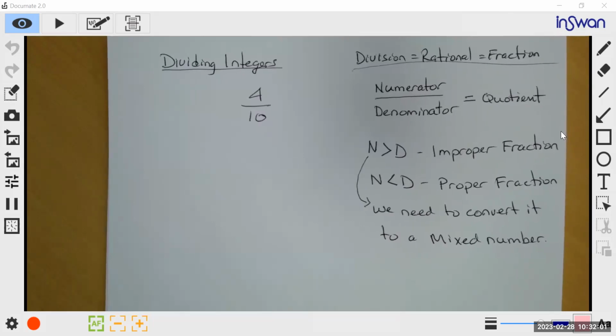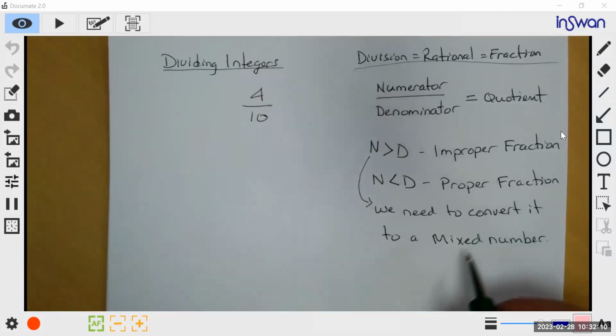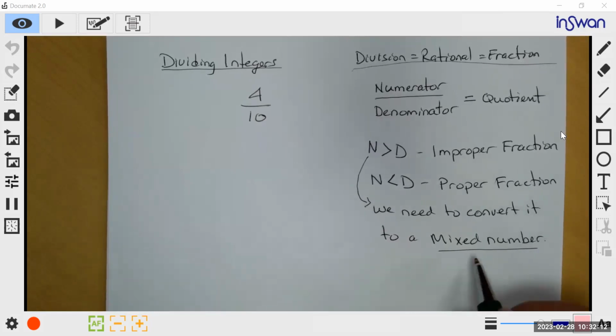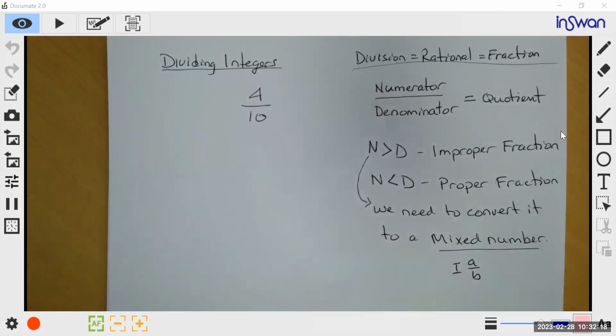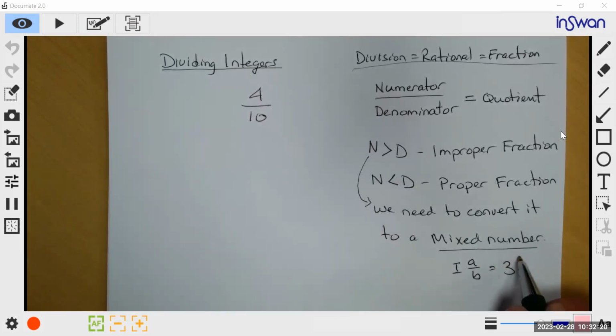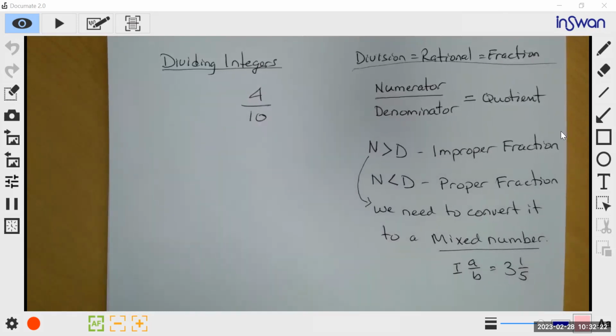What's a mixed number? A mixed number is just that. It's got an integer and a fraction. Like, for example, 3 1/5. That's a mixed number. It's got an integer and a fraction. And we'll learn how to convert these in a minute.